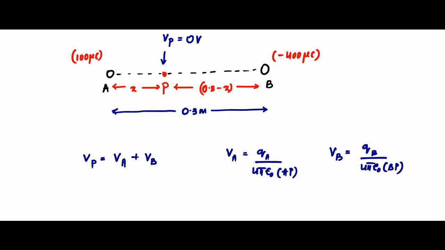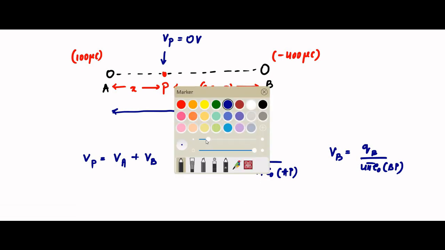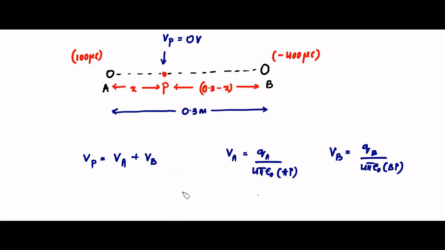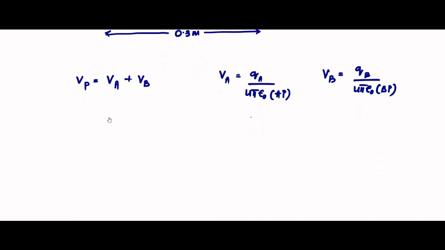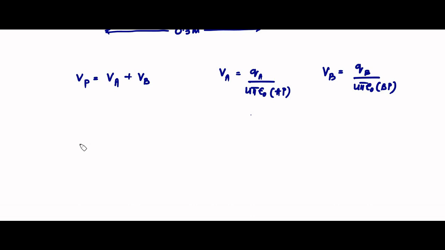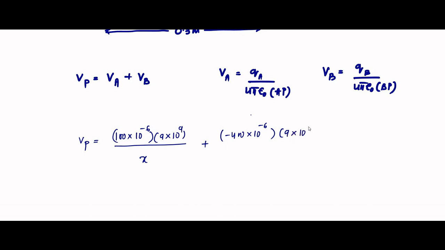Now here Vp is equal to 0. So Vp is equal to Qa, which is 100 microcoulomb, that is 100 into 10 to the power minus 6, times 1 by 4 pi epsilon 0, which is 9 into 10 to the power 9, divided by x, plus minus 400 microcoulomb, that is 400 into 10 to the power minus 6, times 9 into 10 to the power 9, divided by 0.3 minus x.